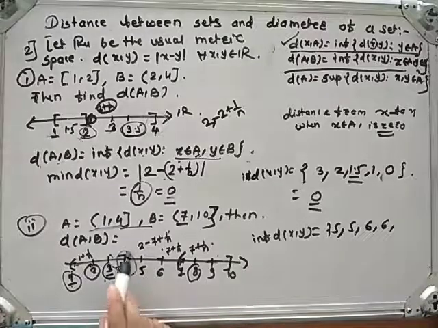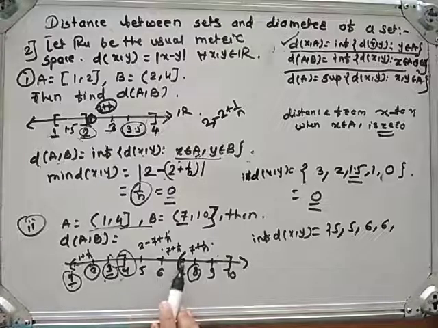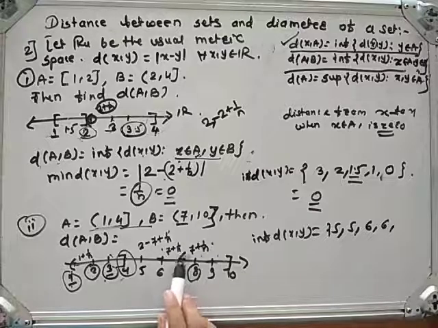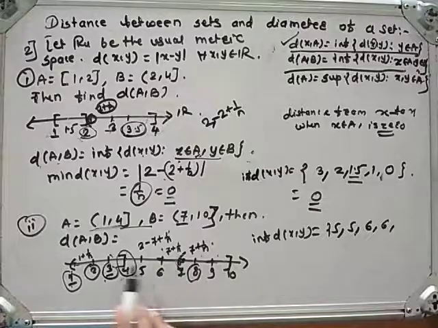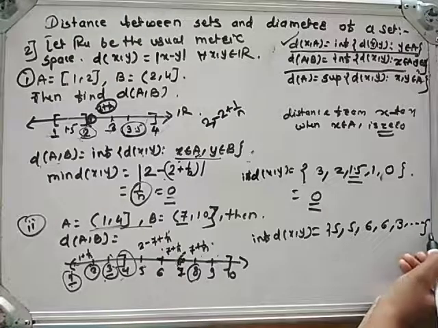Now if you take 4 from set A and 7 plus 1 by n from set B, then the distance between these 2 points is 3, and so on.